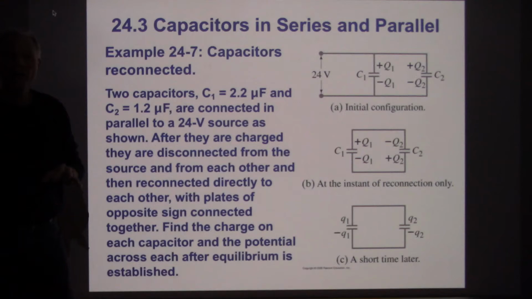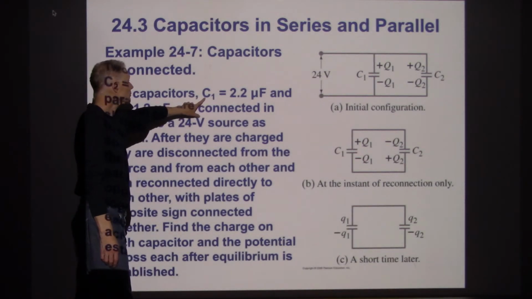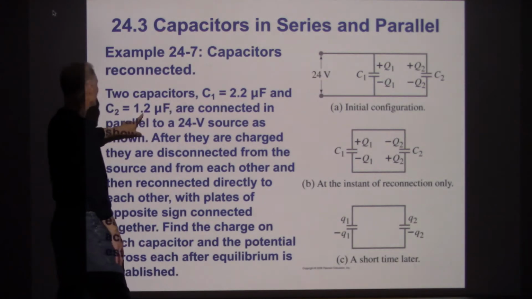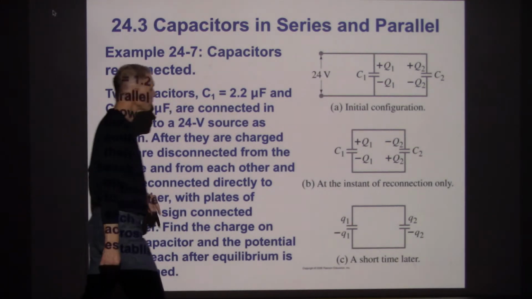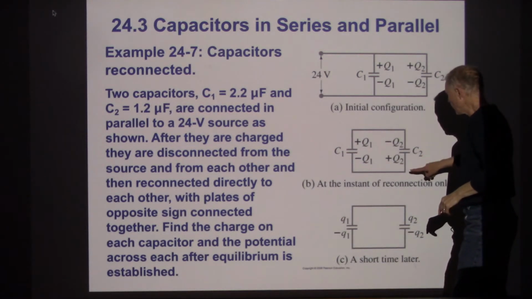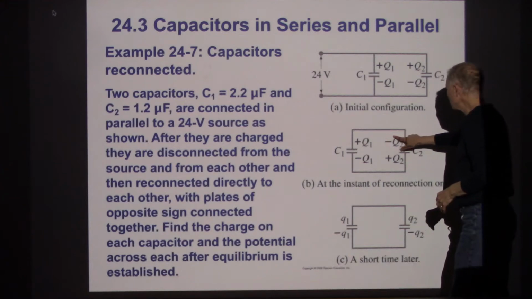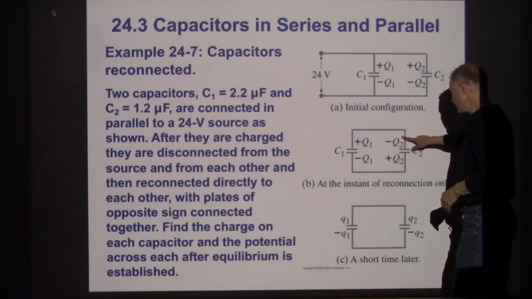But it's not all going to cancel out. Capacitor 1 has more capacitance than capacitor 2. And so I'm going to end up here with different amounts of charge. So what we'll do is we'll find out how much charge is left on this side.